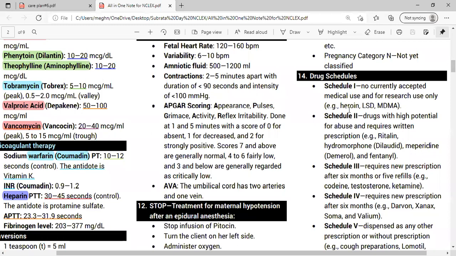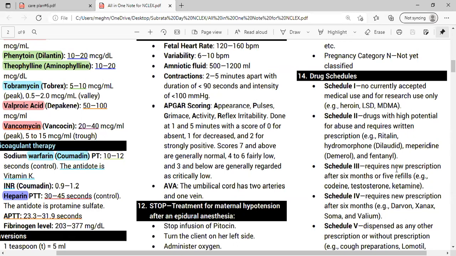Example is heroin, so it is not allowed to be used. Schedule 2 drugs have a high potential for abuse and require a written prescription, right? Like meperidine, hydromorphone.